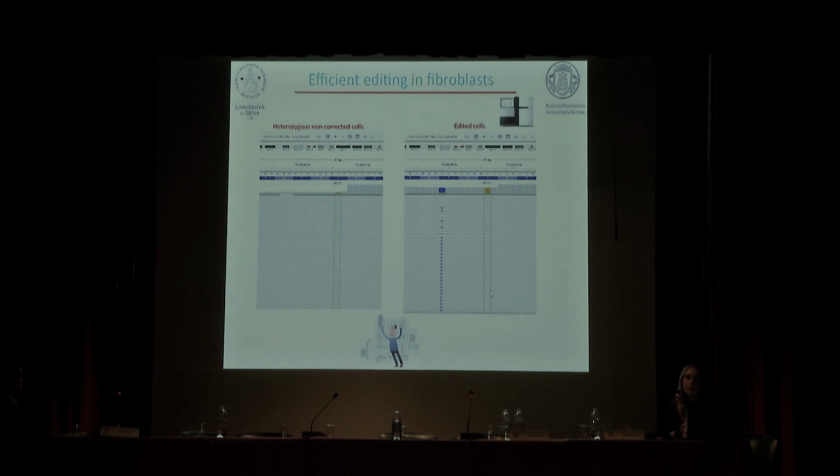And the corrected reads have an internal control that is the C. So all the reads that you see here that have the C are the correct reads, in which the Cas9 performed the correction.